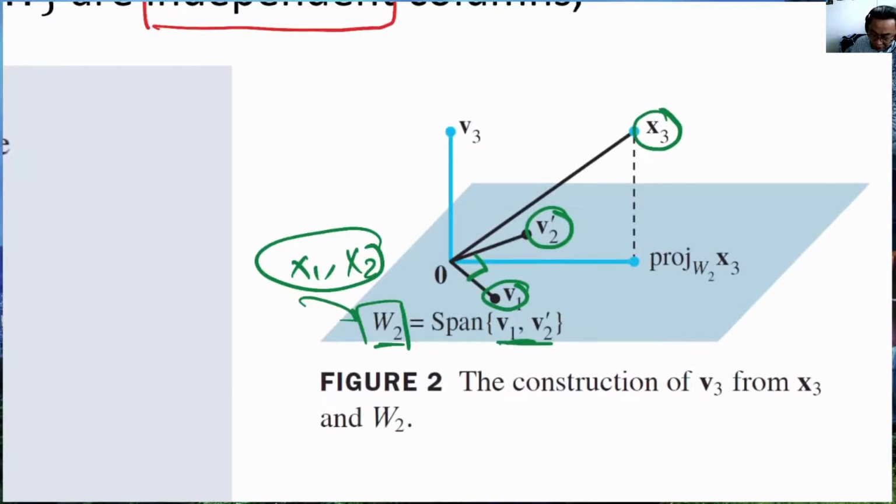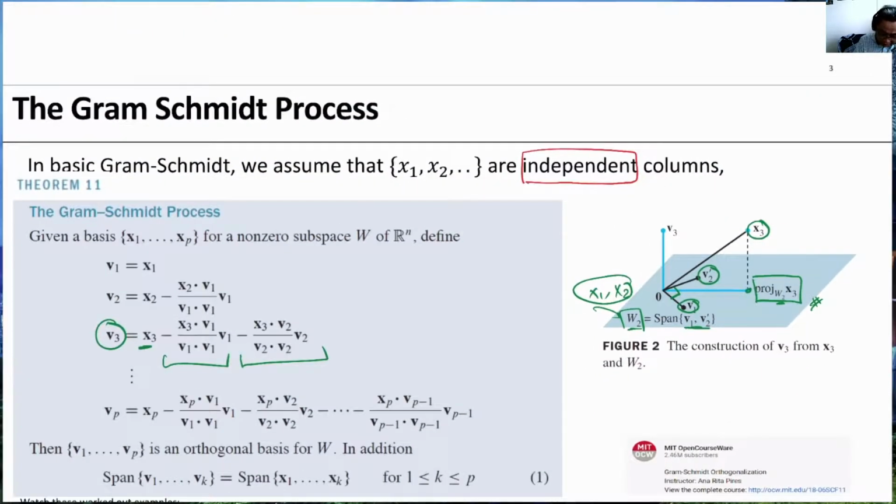When we want to find the projection of x3 onto W2, that means that on the space of the first two columns of W, this is the point. This point is the closest point in the W space to x3. No other point is closer than that. This is called the projection of x3 onto W2, and the equation for this is here.